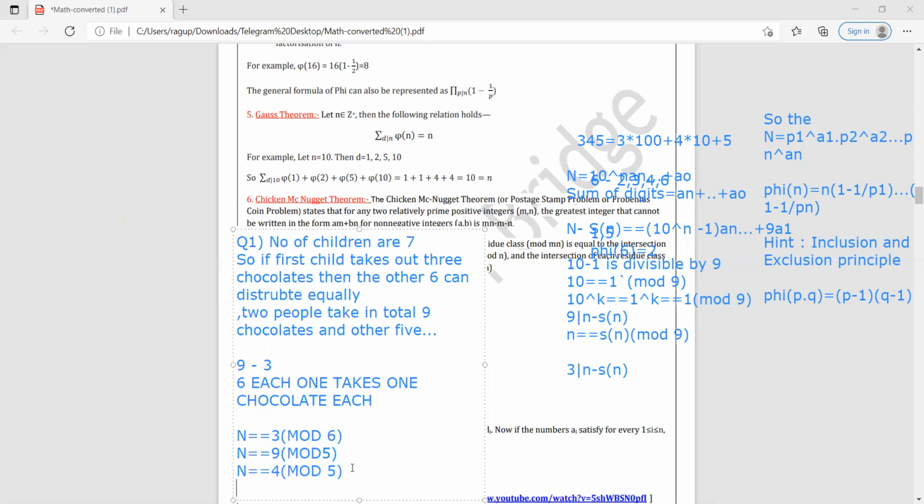So what does the Chinese remainder theorem tell us? If there are congruences like these, we have 2 congruences here, then there exists a solution n is equal to r1 mod the product of the moduli. If both are co-prime, 6 and 5 are co-prime, then there exists a solution modulo their product.